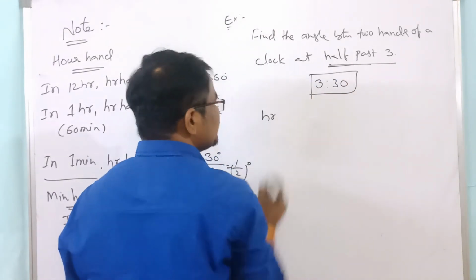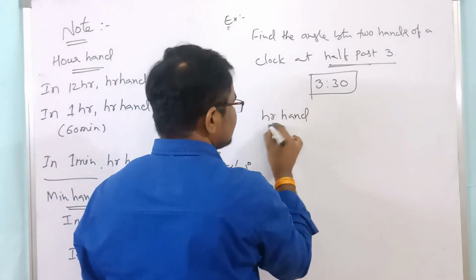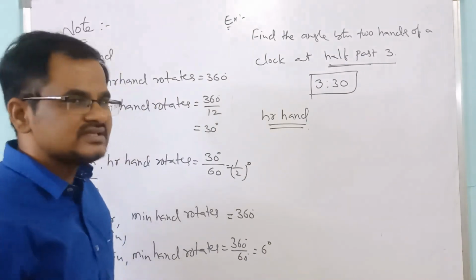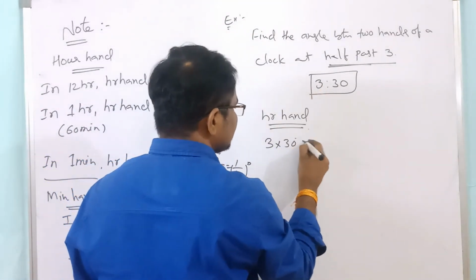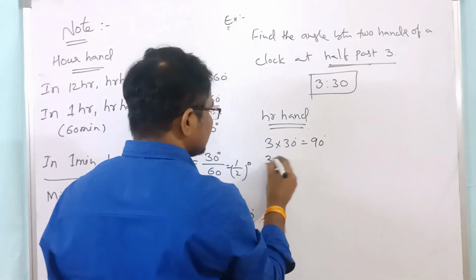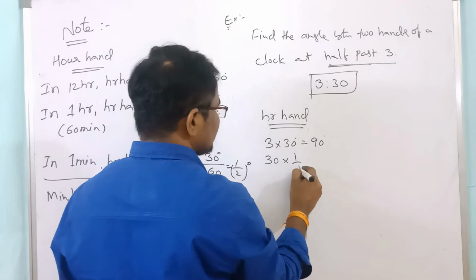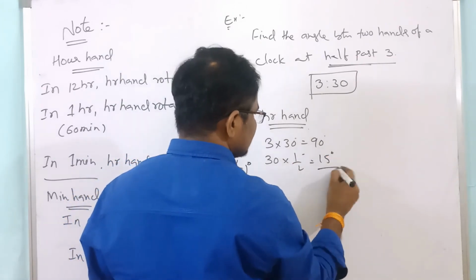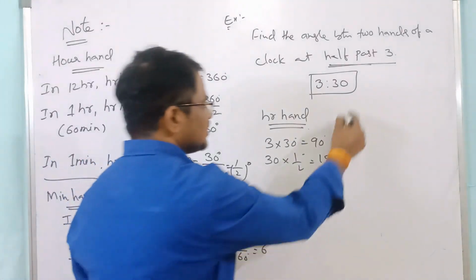So now, same, you take the hour hand. Hour hand means for the 3 hours, 3 into 30, 90 degrees. For the 30 minutes, for each minute the hour hand rotates half a degree, that is 15, that is equal to 105 degrees, right? Next, the minute hand.